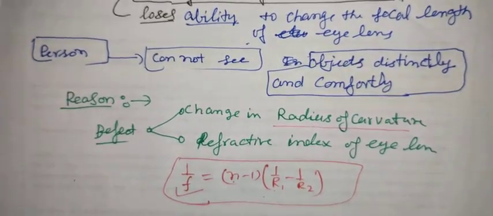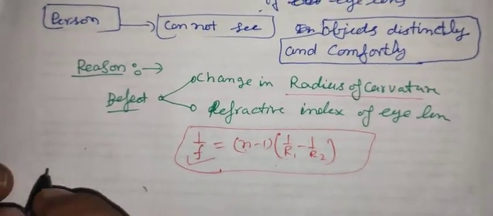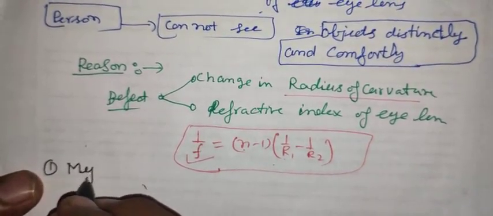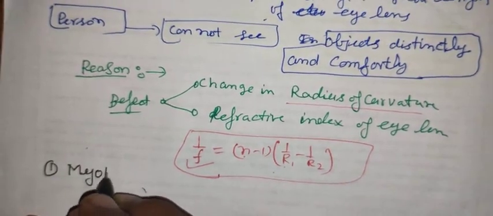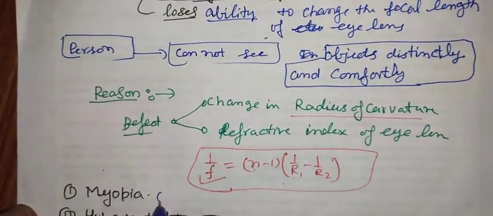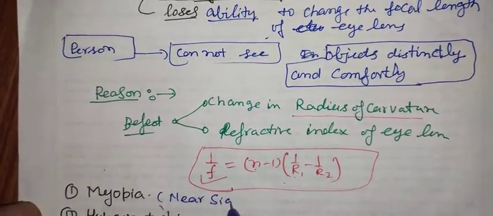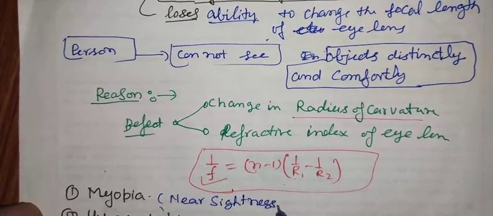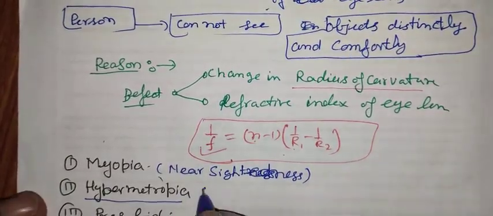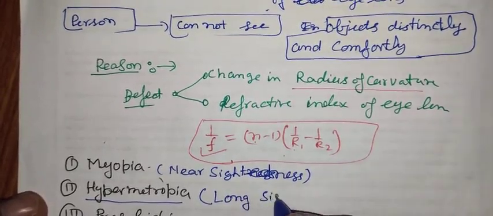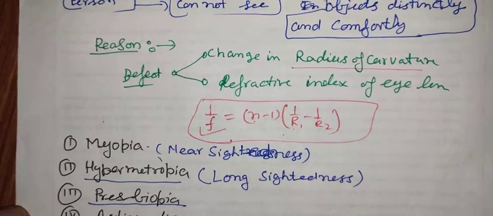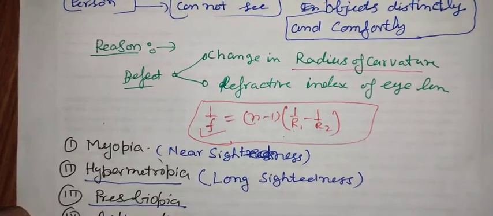There are several types of common defects in the human eye, but the most common types are: first, myopia, also known as nearsightedness; second, hypermetropia, called long-sightedness; then presbyopia, astigmatism, and cataract.